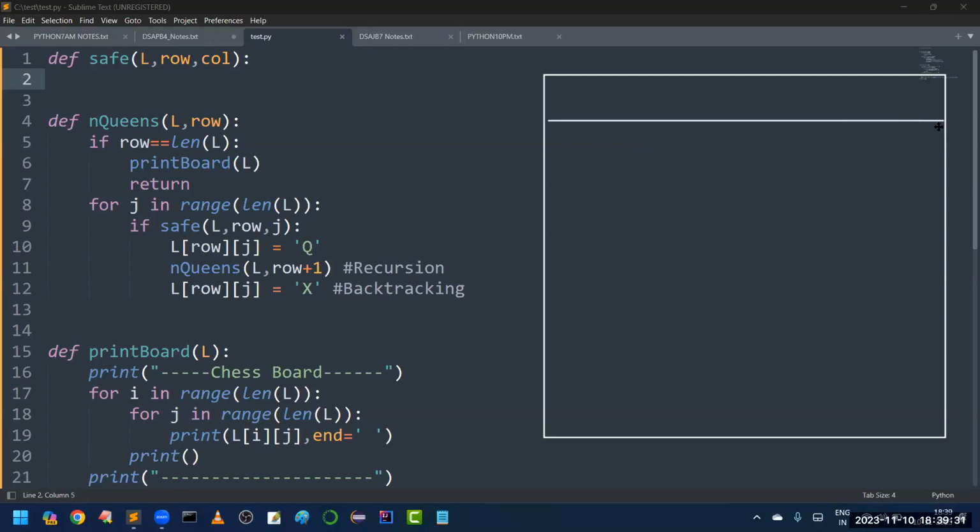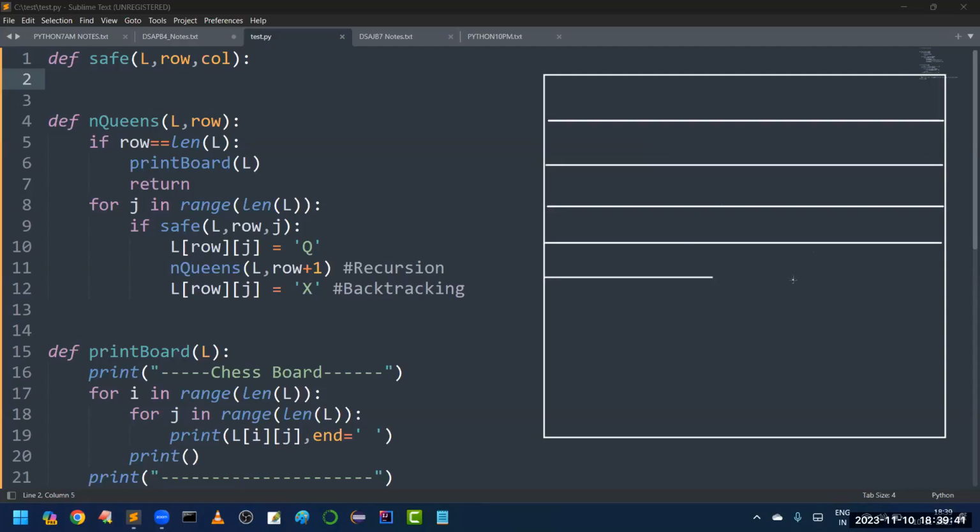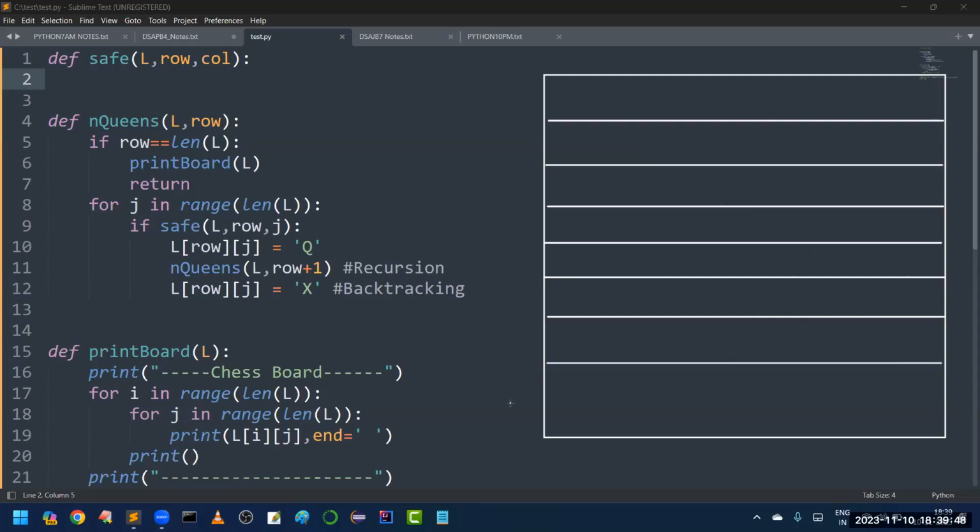Please focus on this. 0th row, first row, second row, third row, fourth row, fifth row, sixth row, seventh row, and eighth row. If you count, 0th row, first, second, third, fourth, fifth, sixth, seventh. Unfortunately, we got one extra.